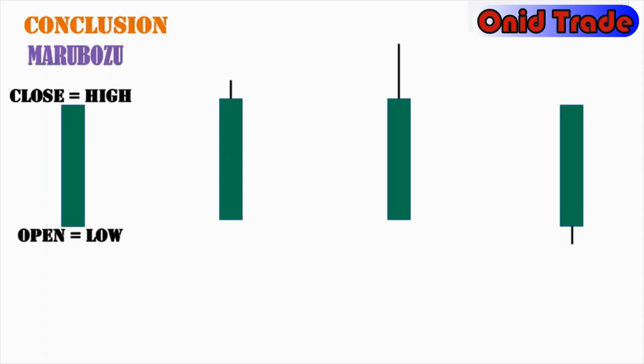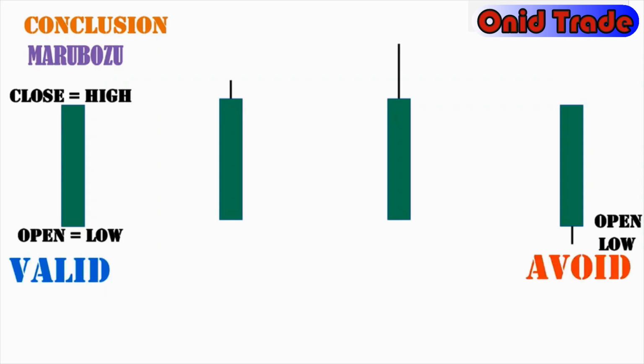So placing a trade on this Marubozu is valid. In the last case, close is equal to high, but the low is different from the open. When a candle has a lower wick, even though its close is equal to high, we will avoid trading that candle. We do not consider it a Marubozu.